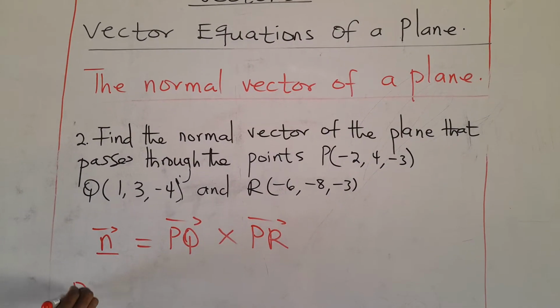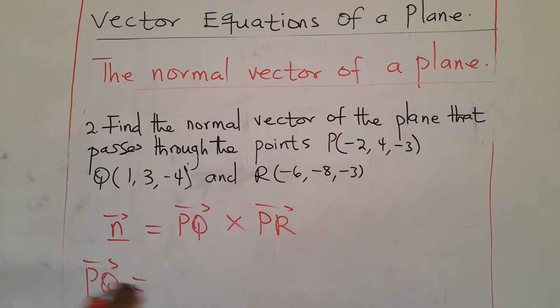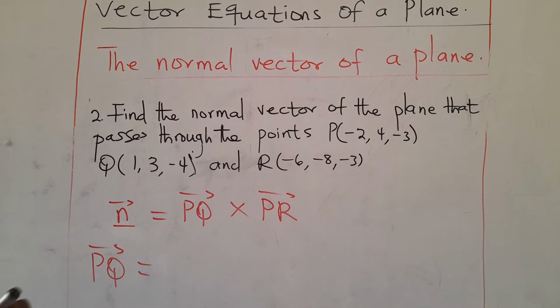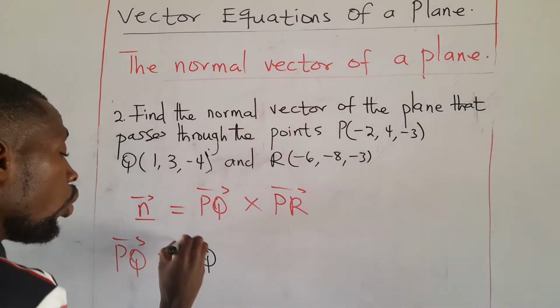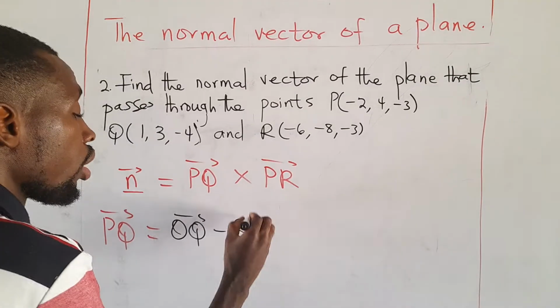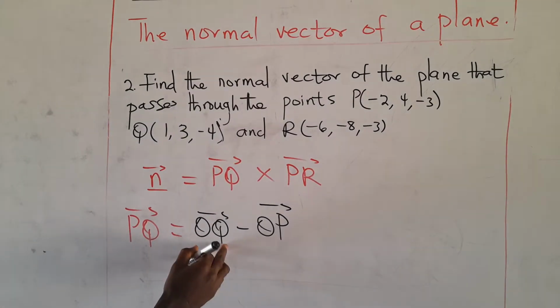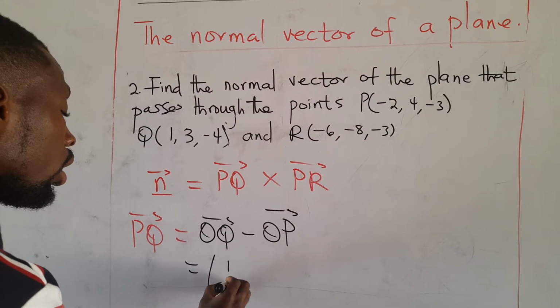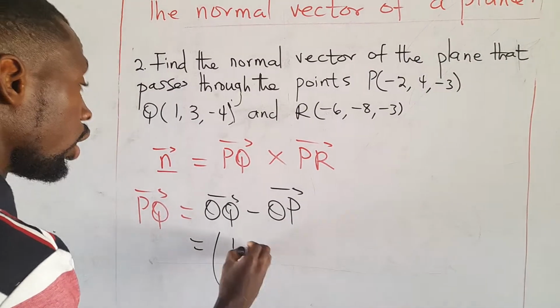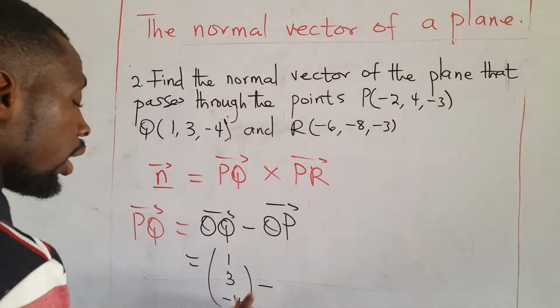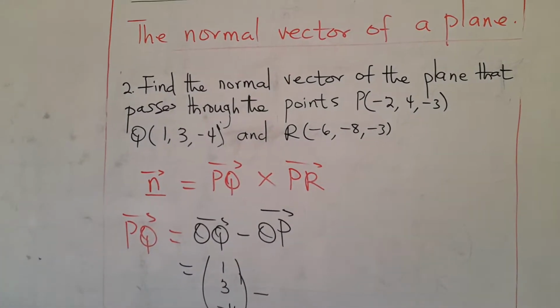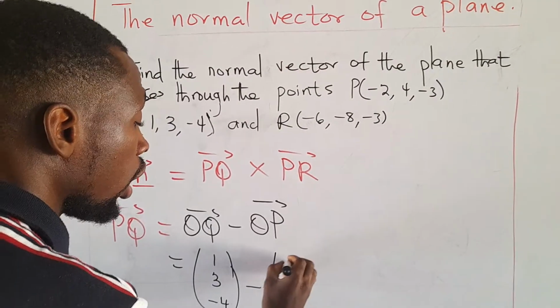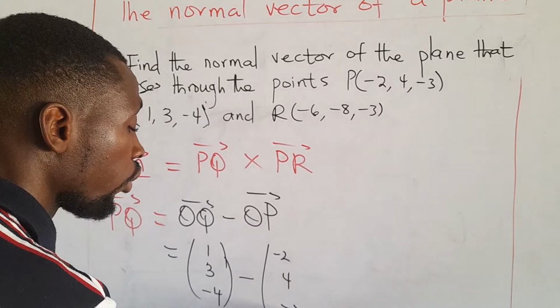So how do we find PQ? Our PQ will be equal to OQ minus OP. So what's our OQ? Our OQ is 1, 3, negative 4. Minus OP. OP is negative 2, 4, negative 3.